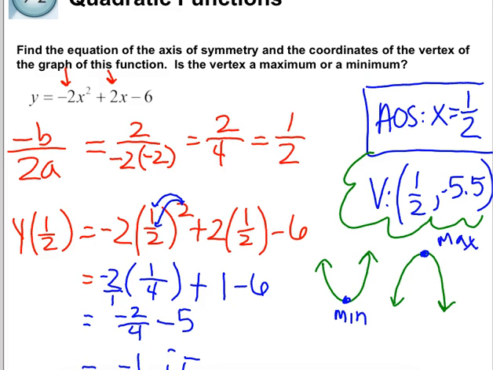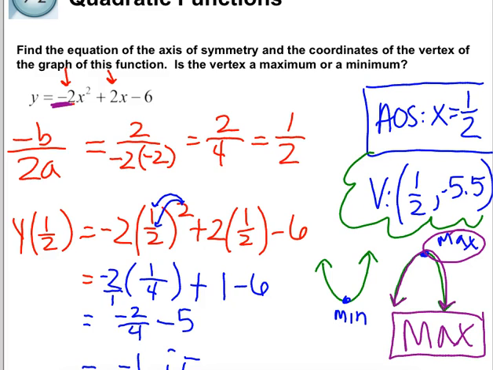And remember, how you find that out is you have to look at your a value. So what is our a value here? It's negative 2, so it's going to open down because it's negative. So that means my vertex must be a max. So our vertex is a max because it opens down.